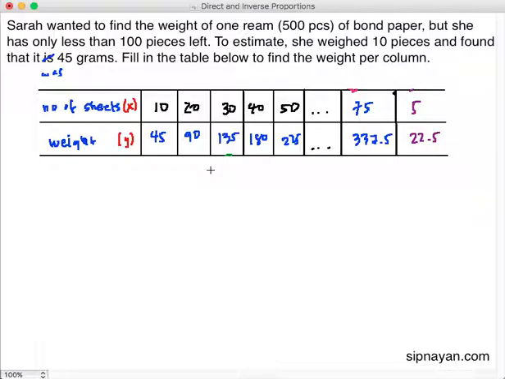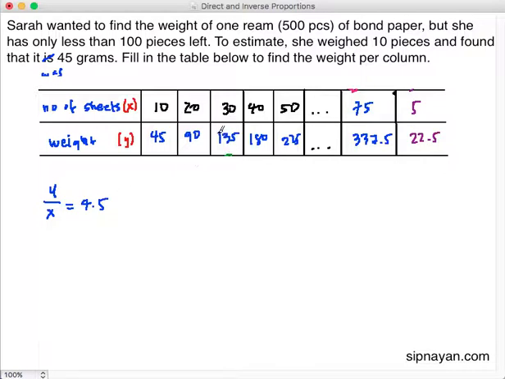Now, gusto kong balikan yung diniscuss natin from the video before this, yung relationship nitong dalawang quantities na to. If we let the number of sheets be x and the weight be y, then y over x is actually 4.5.